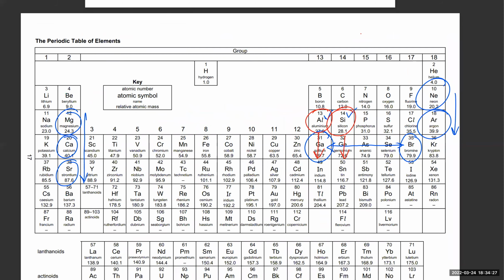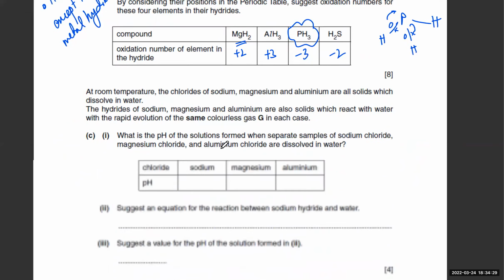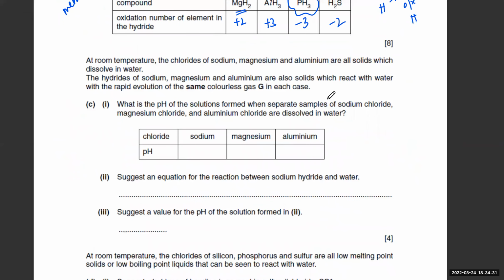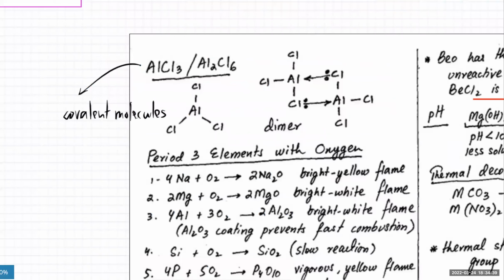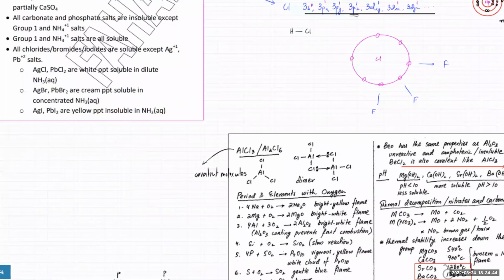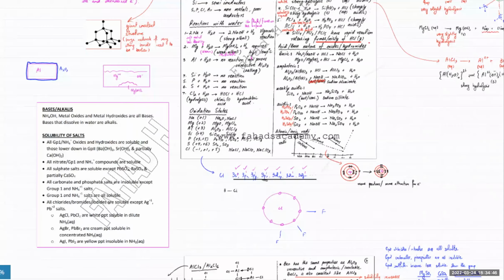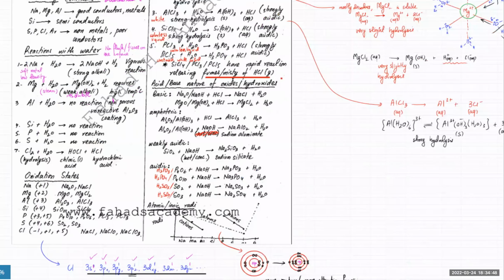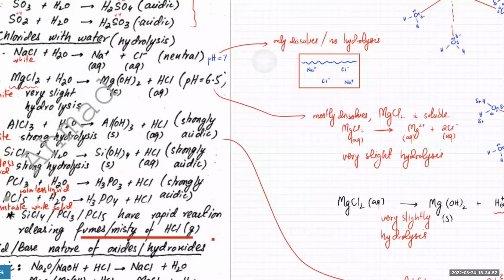तो वो यहाँ पे उसके बाद क्या कह रहा है, what is the pH of the solution formed in separate samples of NaCl? ये वो आ गया hydrolysis. ठीक है, this is hydrolysis. We'll just go through this very quickly. What happens when hydrolysis happens? अच्छा, hydrolysis में ये कि पहला वाला जो है ना NaCl, वो तो सिर्फ dissolve होता है.